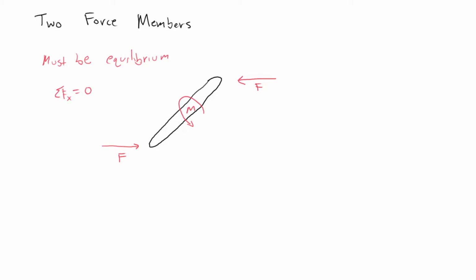So what actually occurs for this to be in equilibrium and to be a two force member is that we need to apply the forces in a direction that is opposite but equal in magnitude. So what we could do here is define the forces going along the axis of the rod. We can define F going that way and F going that way.